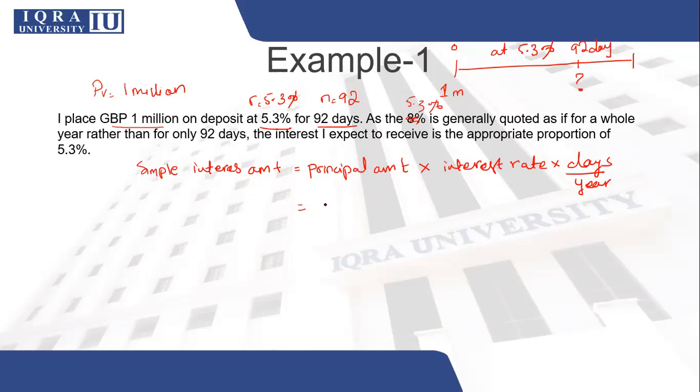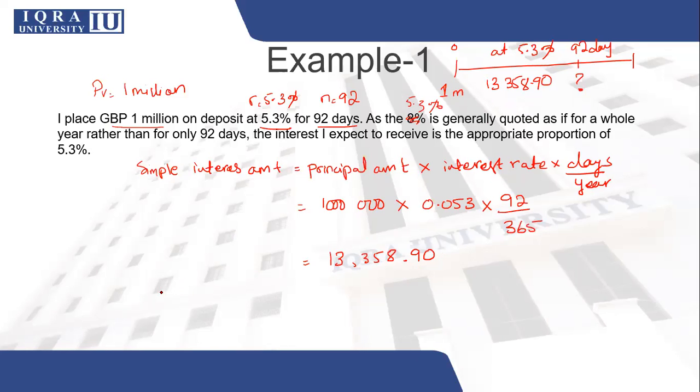The principal amount, which is your present value, is 1 million. The interest rate is 5.3%, so 0.053. It's for 92 days, and there are 365 days in a year. If you solve this, you get 13,358.90. This is the interest that you will earn during these 92 days.